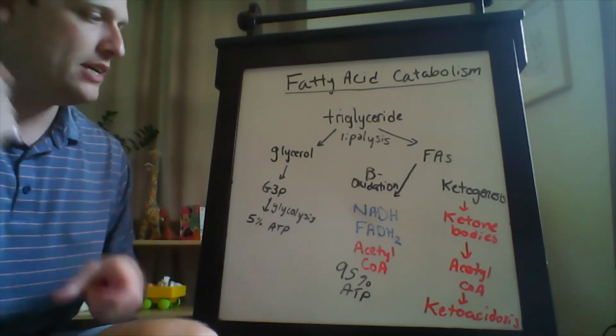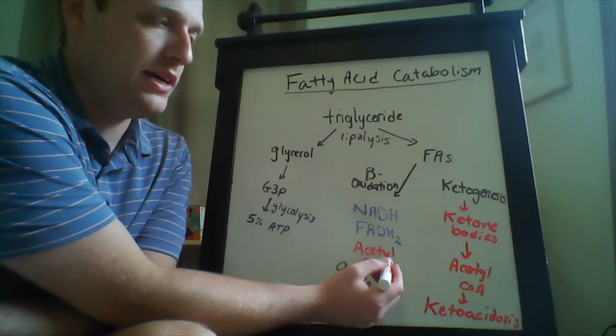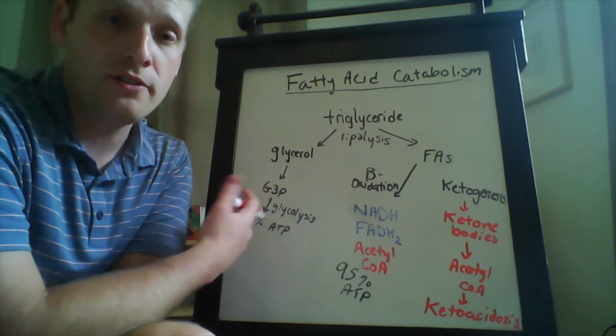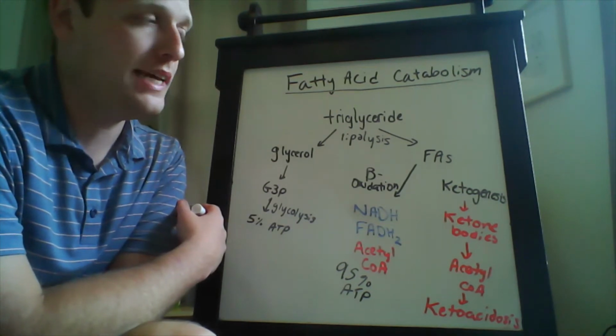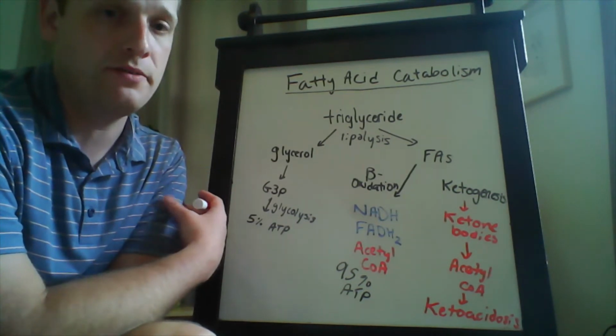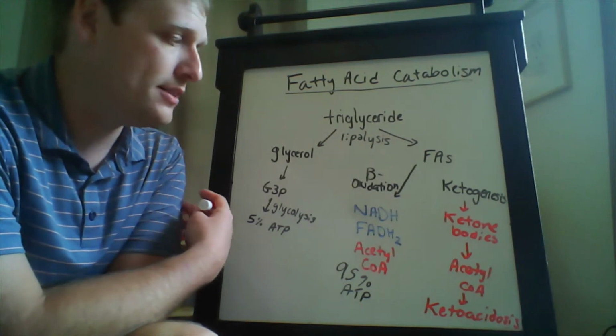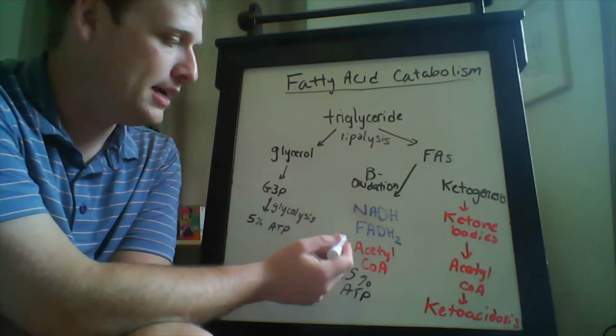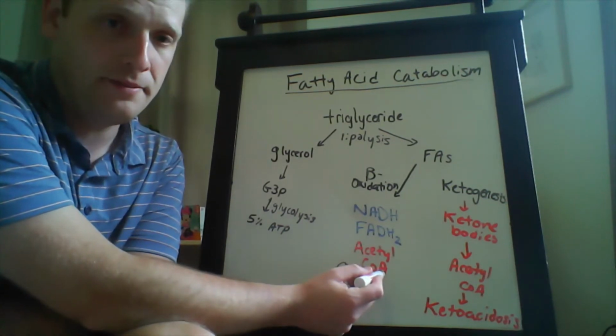This acetyl-CoA builds up under certain conditions, if you're starving, for example, or you take in extremely limited amounts of calories or carbohydrates, your fats are going to be broken down through beta oxidation to produce acetyl-CoA.